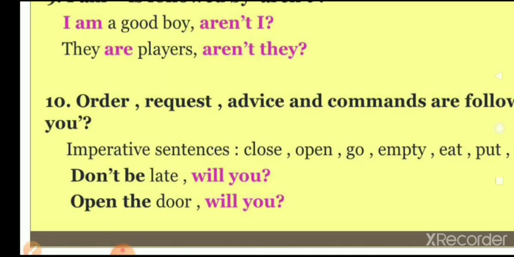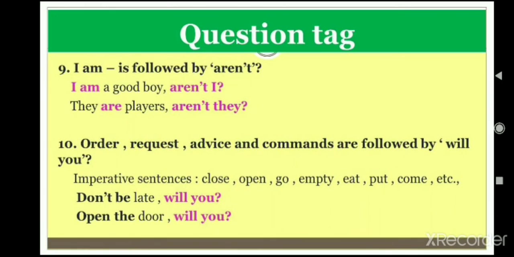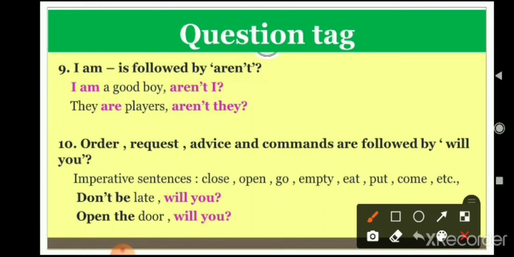So like that, when we frame the sentences like this, how the tag should be formed means by using will. Don't be late. Will you? Open the door. Will you? So we are supposed to frame the tags like this.